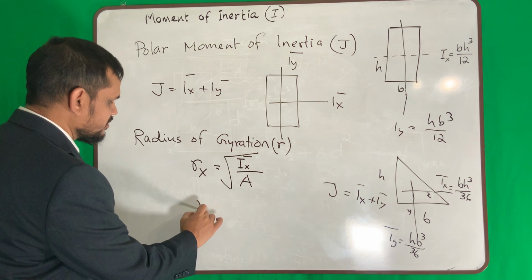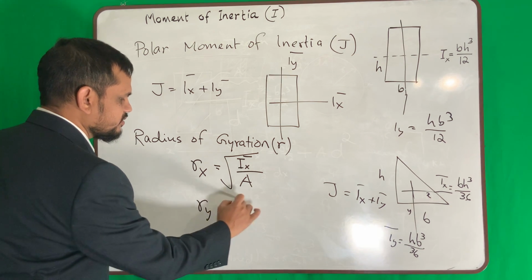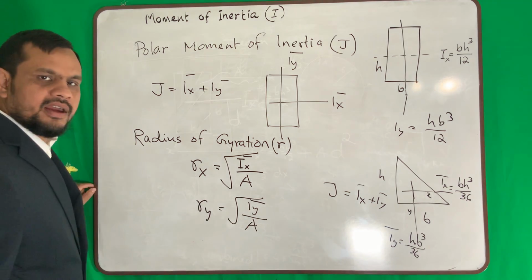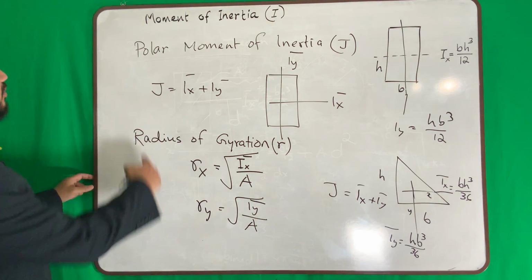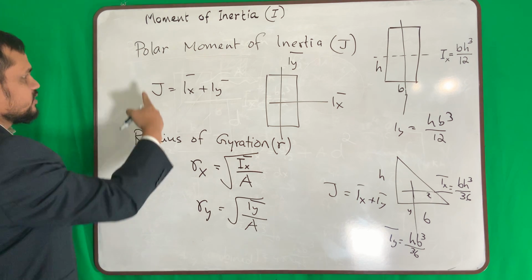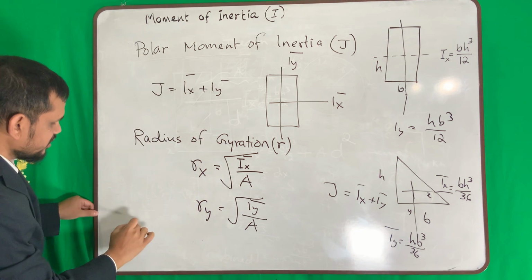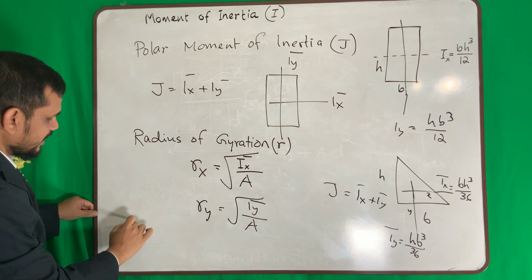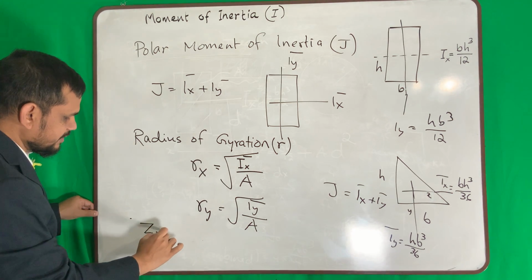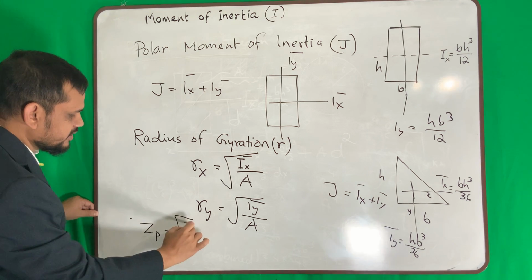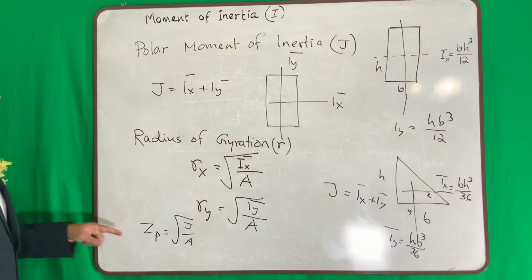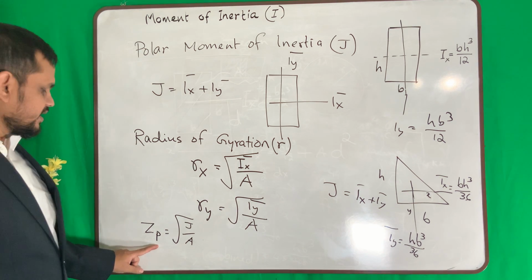The radius of gyration about the y-axis is the square root of the moment of inertia about the y-axis divided by area. What is the polar radius of gyration? Say you are using rP, it is the square root of J divided by area. That is the polar radius of gyration.